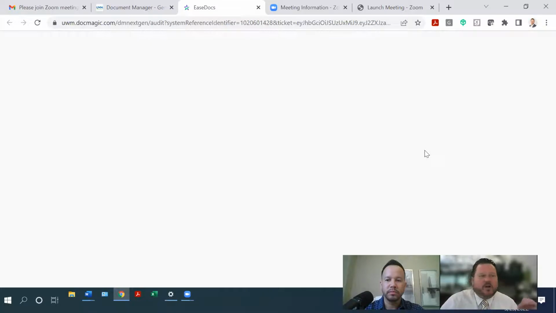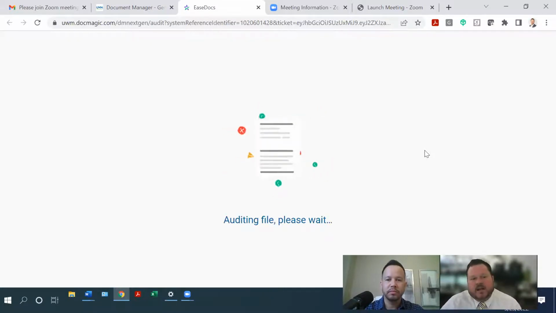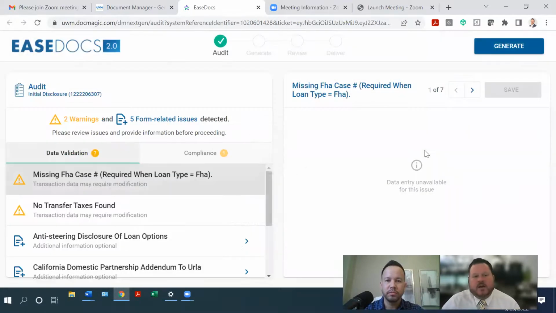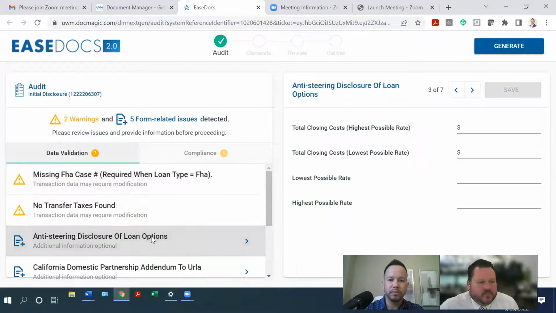You never want to put a negative number as a credit in the anti-steering. So if there's a credit for a certain rate, mostly the highest possible rate, it's going to be a 0. So click on the anti-steering disclosure. Now you can see, just like I talked about, highest possible rate, lowest possible rate, and then the cost.